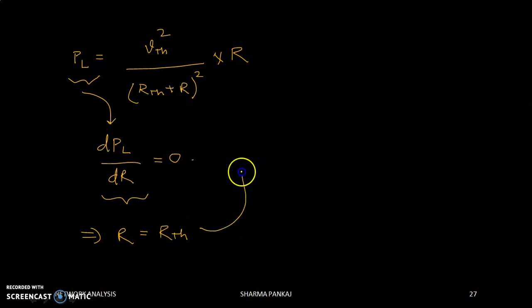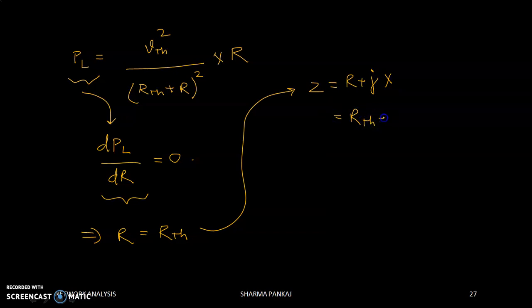That implies Z is equal to R plus JX, which is equal to RTH minus JXTH.